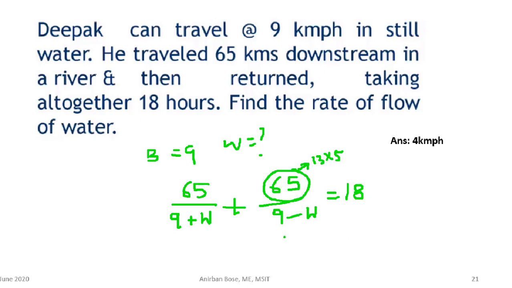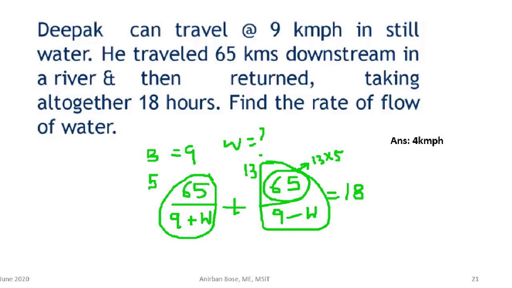Now you tell me, if you compare the whole fraction, which one is more? Definitely this one will be more, because in the denominator it is the smaller number. So you can consider this 13 and 5. Let us consider this value as 13, and this whole thing is 5, right?